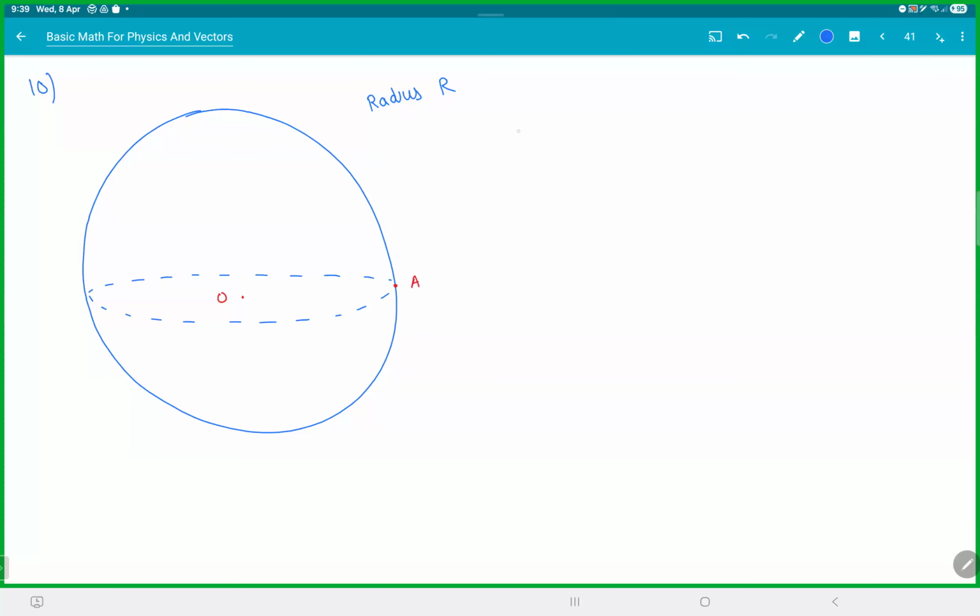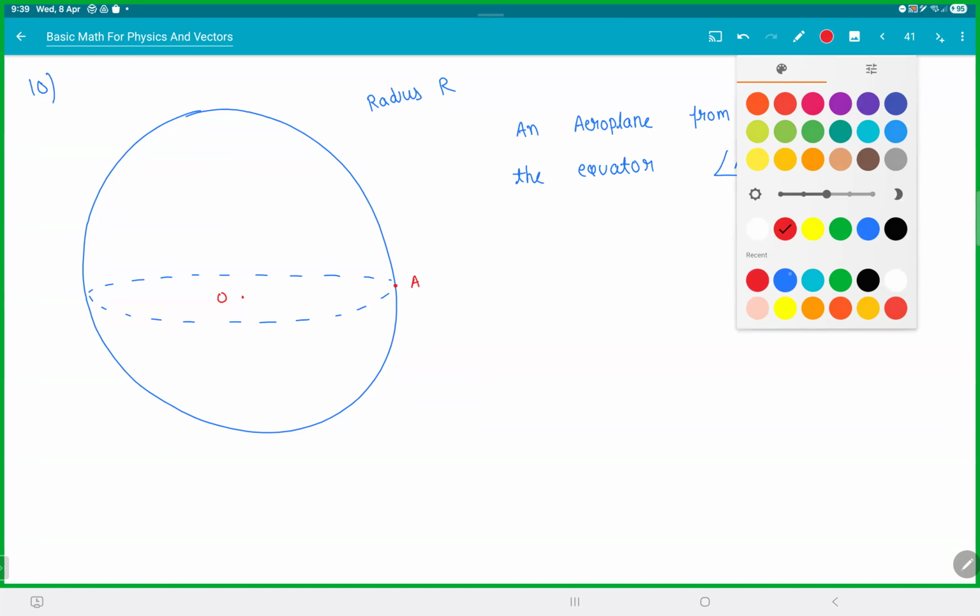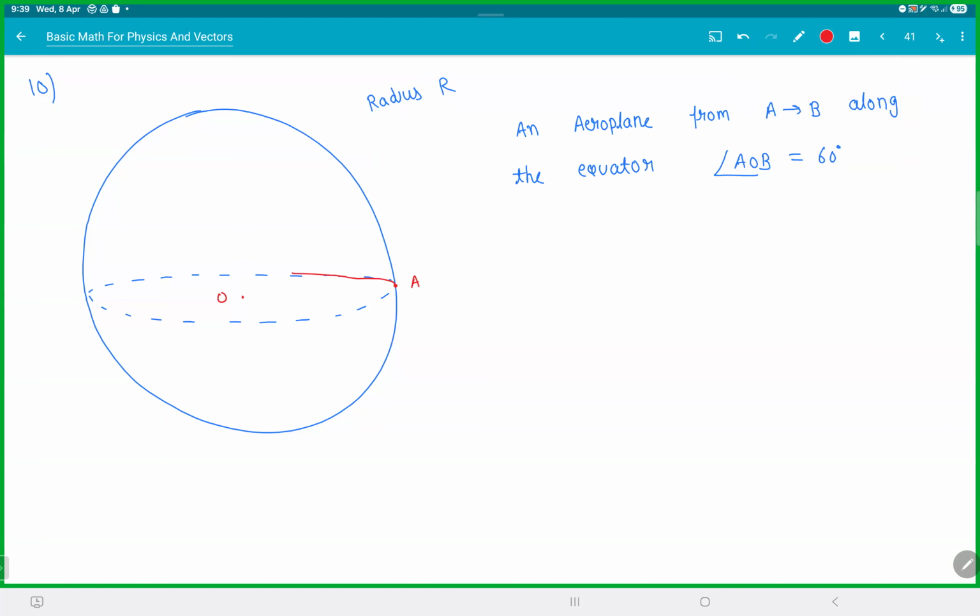An aeroplane flies along the equator from A to B. Angle AOB is 60 degrees. So this aeroplane will fly from here to here, 60 degrees.